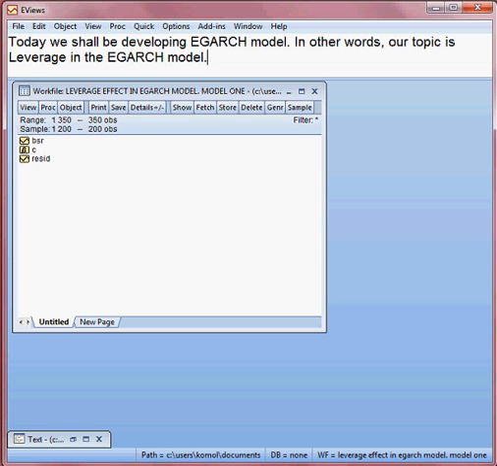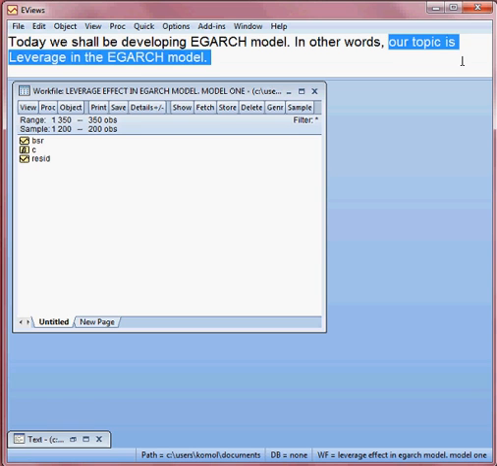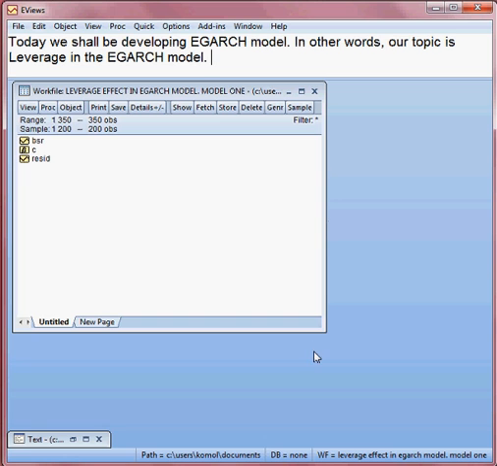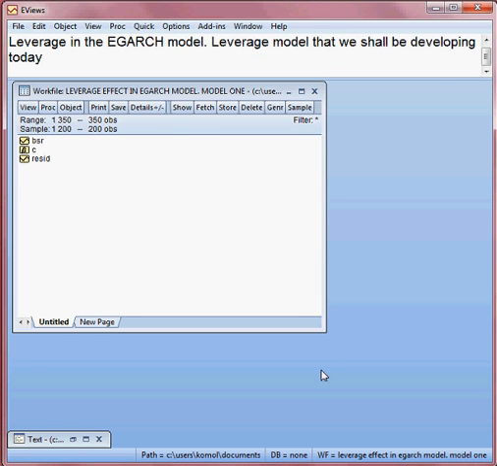That means our topic is the leverage in the EGARCH model. So this is the leverage model that we shall be developing today.